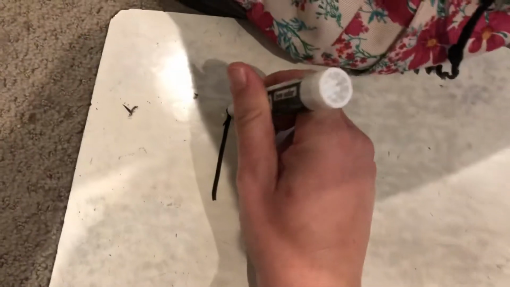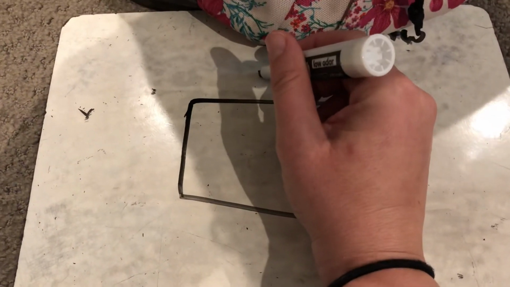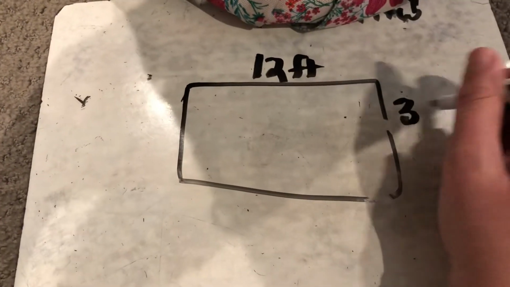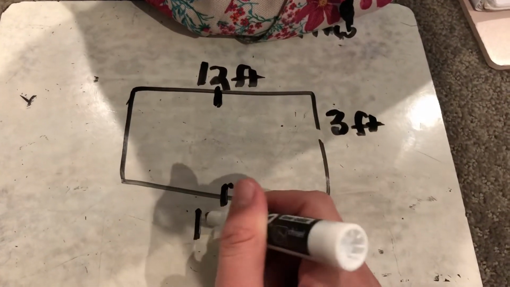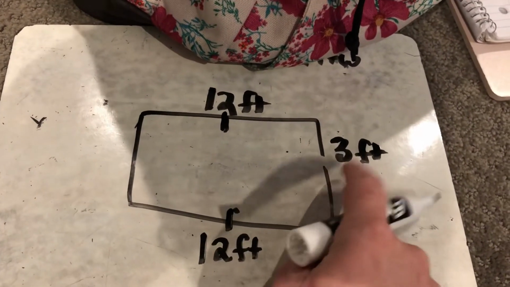Erase. Okay. Now, some of your problems you might have where they only give you 2 measurements. Okay, so we'll say this is 12 feet and this is 3 feet. Okay, you know that if this side is 12, this side has to equal the same thing. So this side's 12. Okay, if they don't give you this width, you know that this width is 3.